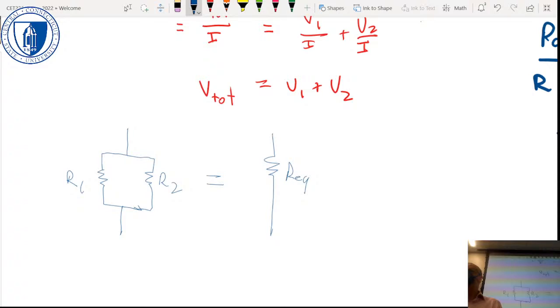So that means we can write our equivalent as R1 plus R2345. And that's what I mean by combinations of series and parallel. Right, you alternate between finding parallel and finding series devices, and then seeing what the redrawn circuit shows you as far as series and parallel.